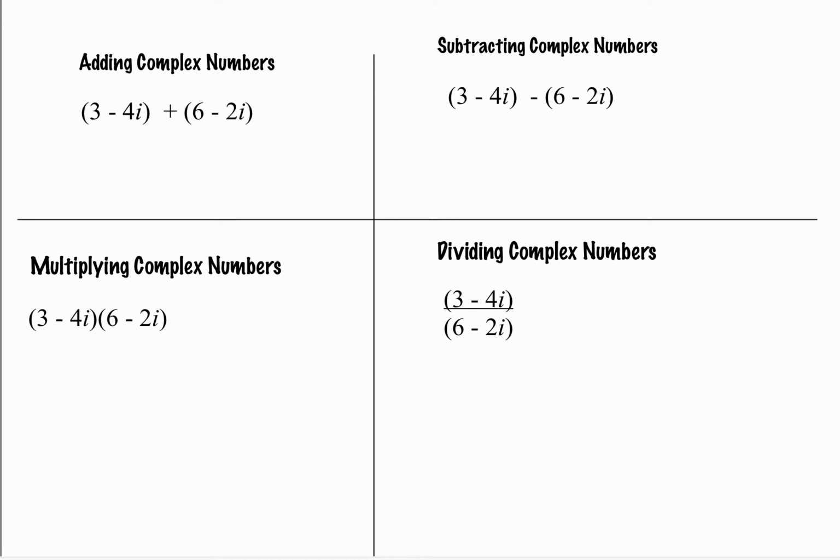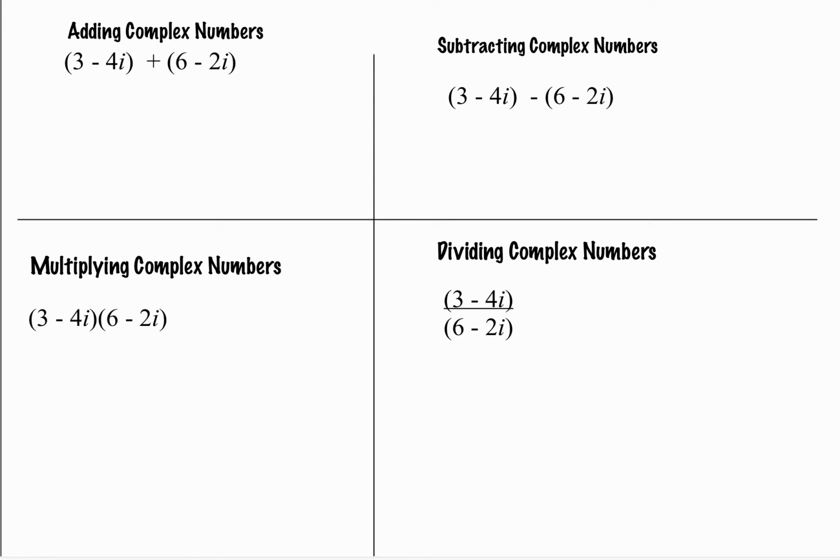Well, adding complex numbers and subtracting complex numbers are really simple. It's kind of like algebra, where you can only add x's with x's and y's with y's. So when I look at this, basically I'm going to take the real parts, which are 3 and 6, and add them together to get a new real part.